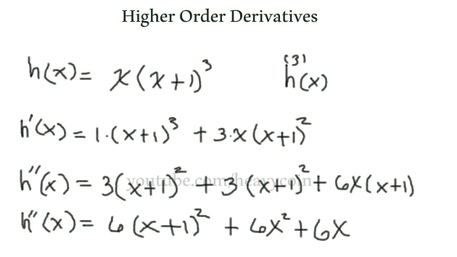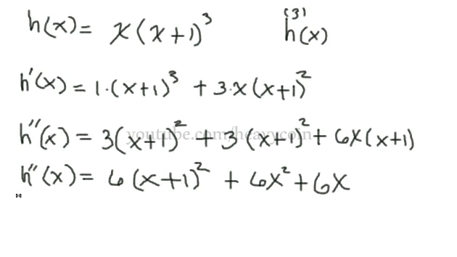Now we're looking to find the third derivative, and instead of putting 3 primes, I'm just going to put a 3 here in parentheses. So take the 2, bring it out front, 6 times 2 is 12.